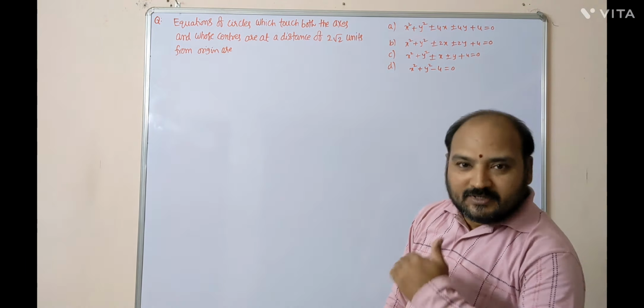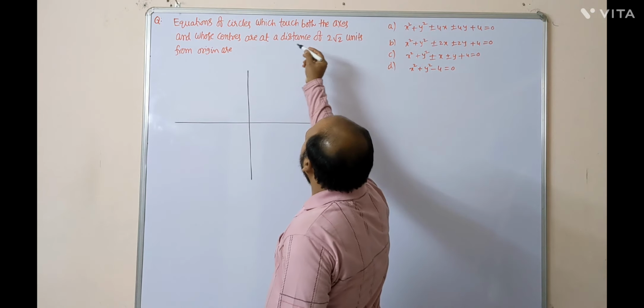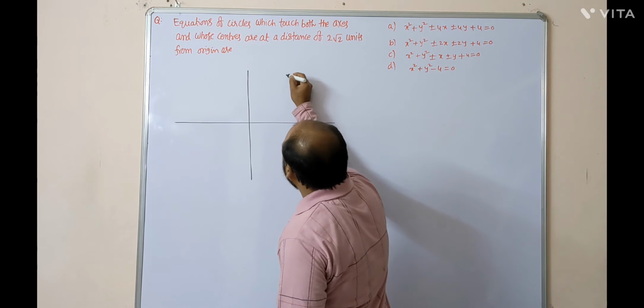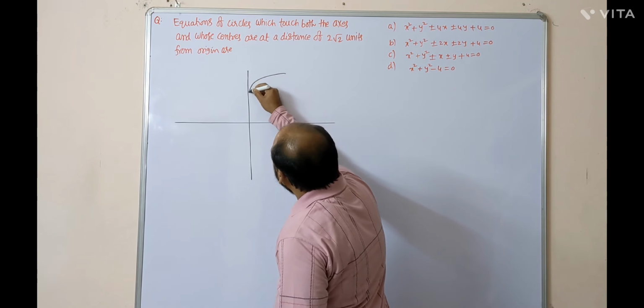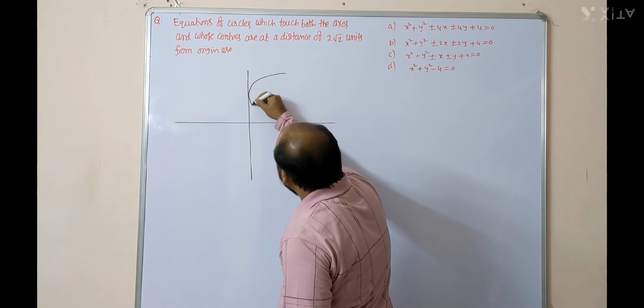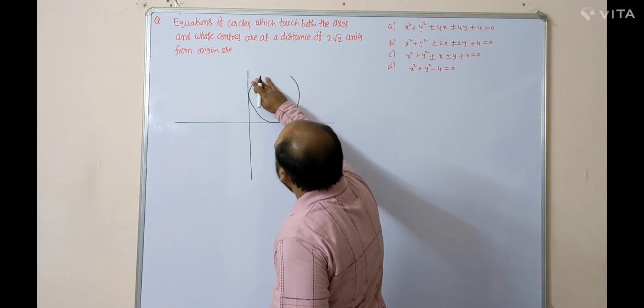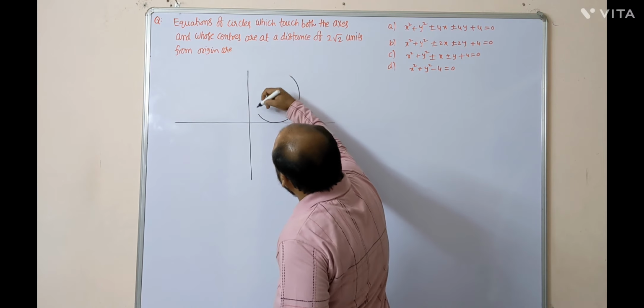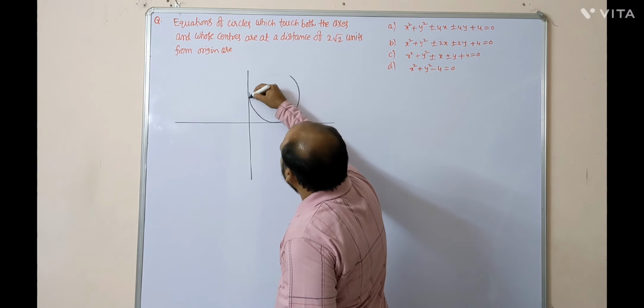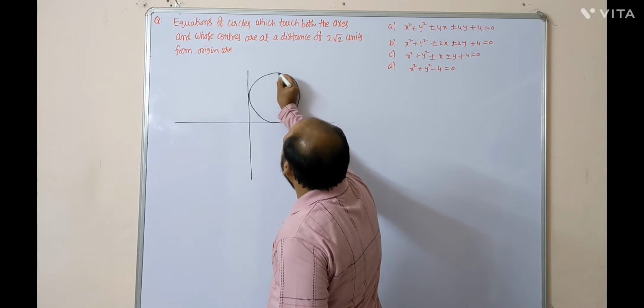Coordinate axis. Equation of circle which touches both the coordinate axis, they are saying now. So one circle, just roughly I am showing that. Not as an artist, just for your convenience I am making.